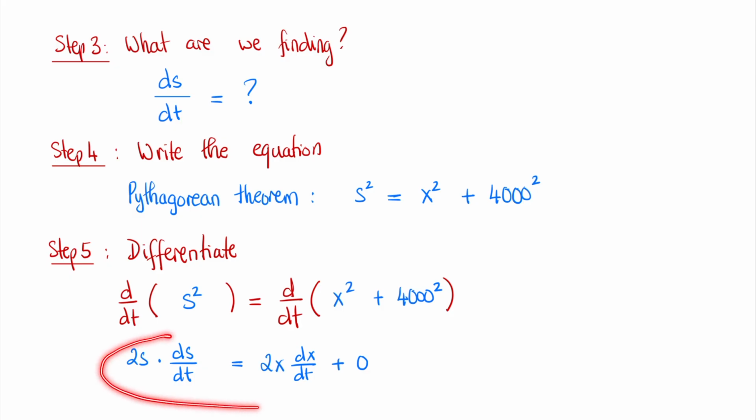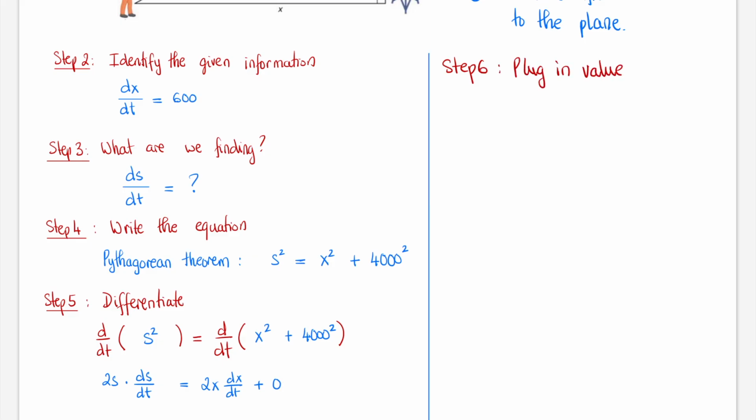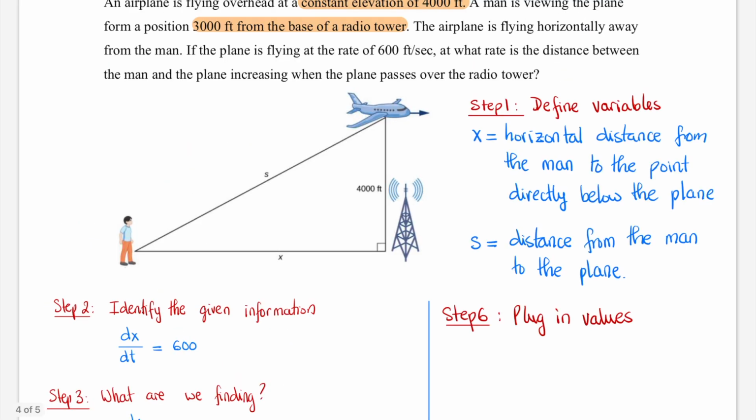Now we can plug in values. We want to find the rate of change of the distance between the man and the airplane when the plane passes over the radar tower. So we want to find ds/dt at the moment the airplane is right above the tower.